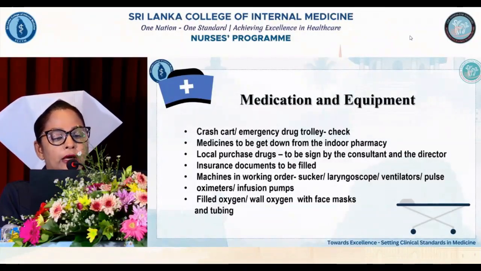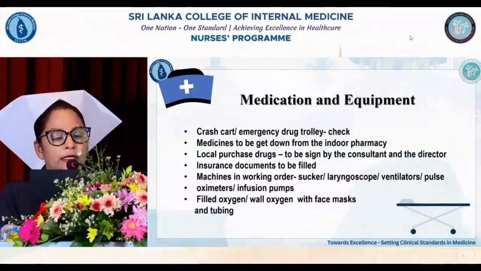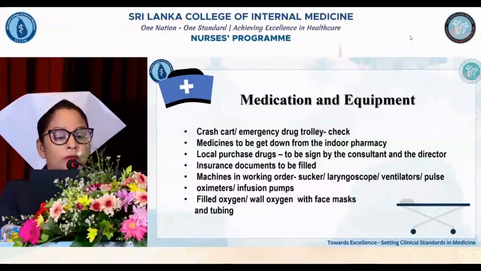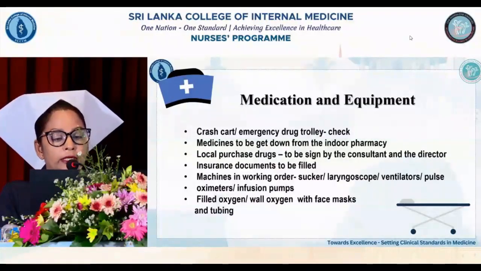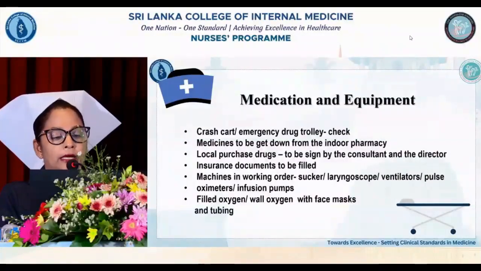Medicines to be brought down from the indoor pharmacy. For example, if you are handing over the evening shift, the morning shift has ordered the drugs, but you have to get some drugs in the evening. So what kind of medicines do you have to get from the indoor pharmacy? Local purchase drugs to be signed by the consultant and the director.